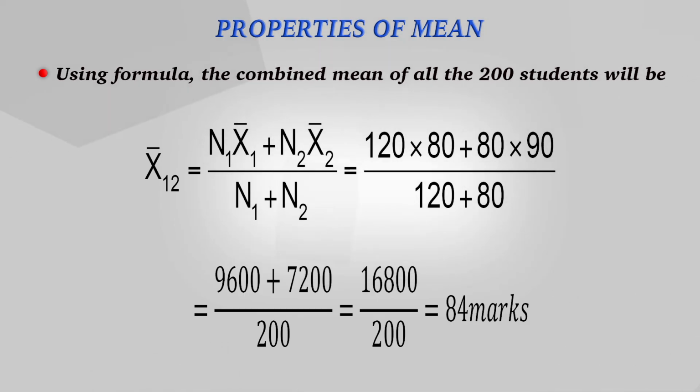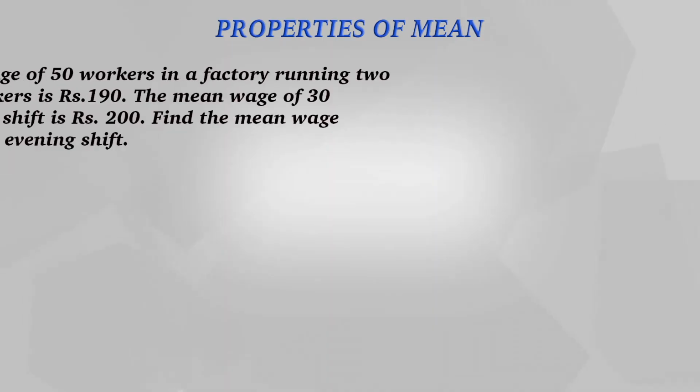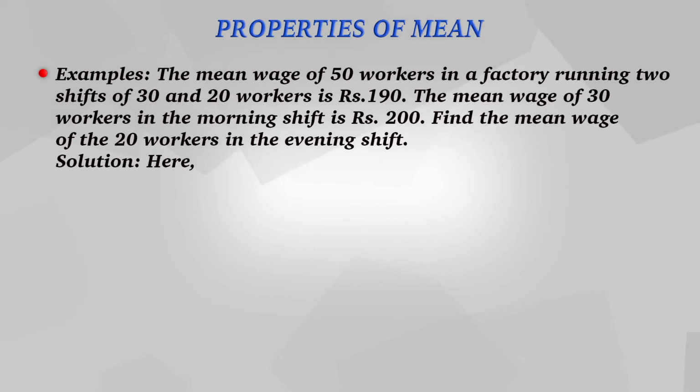Let us take another example: the mean wage of 50 workers in a factory running 2 shifts of 30 and 20 workers is 190. The mean wage of 30 workers in the morning shift is 200. Then find the mean wage of 20 workers in the evening shift.